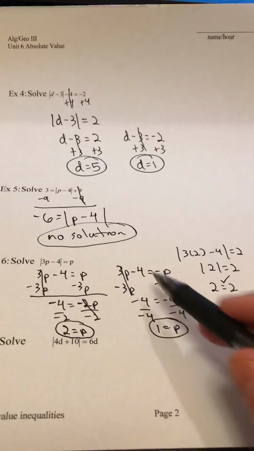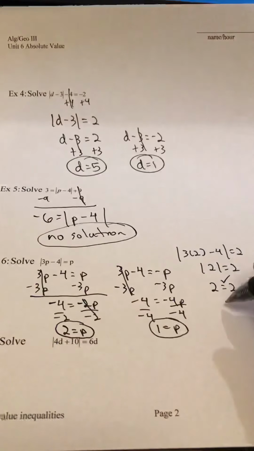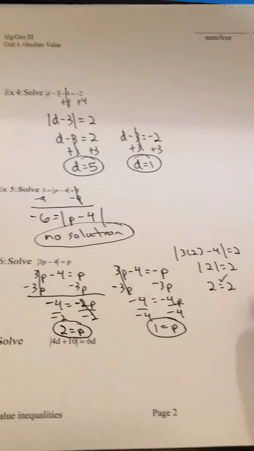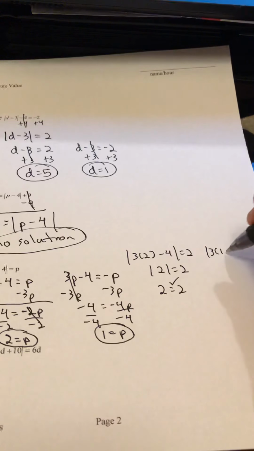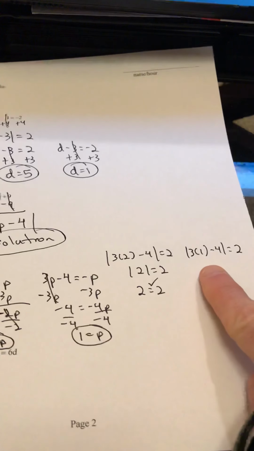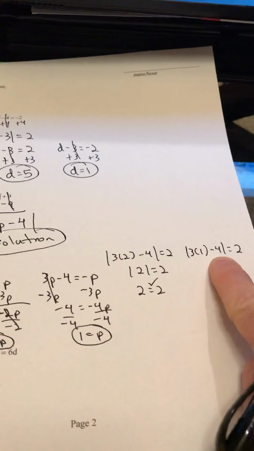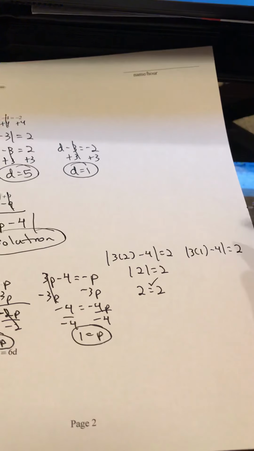When I plug my 1 in to the original equation, 3 times 1 minus 4 is negative 1.